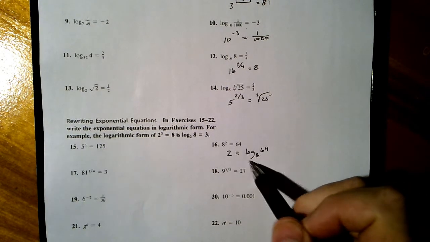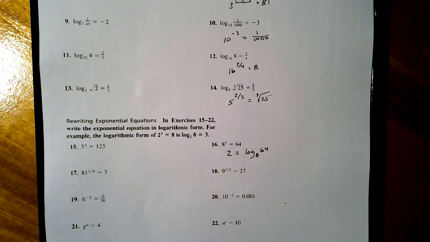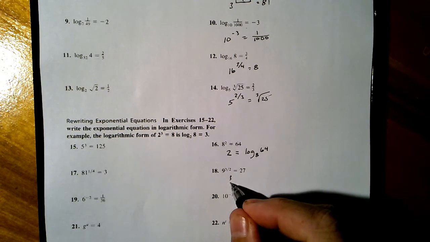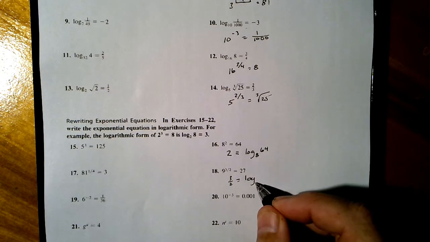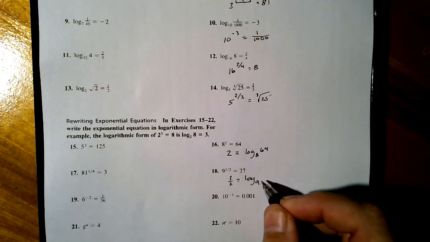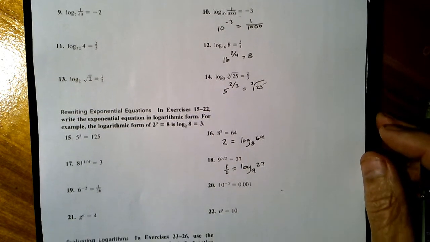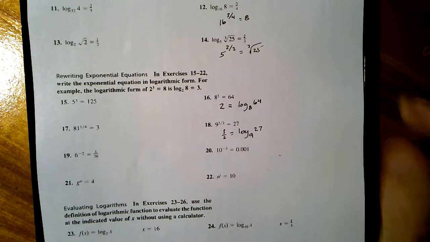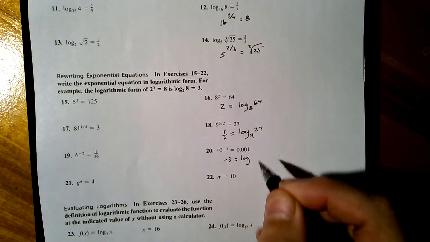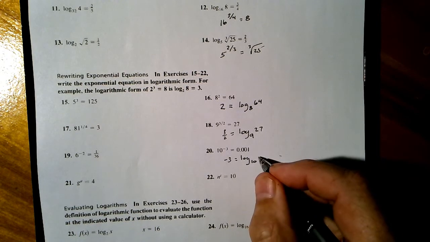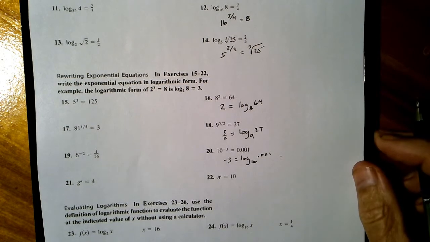This is the exponent, this is 2, that turns 8 into 64. 3/2 is the exponent that turns 9, its base, into 27, the argument of the logarithm. -3 is the exponent that turns 10 into 0.001, log base 10 of 0.001.